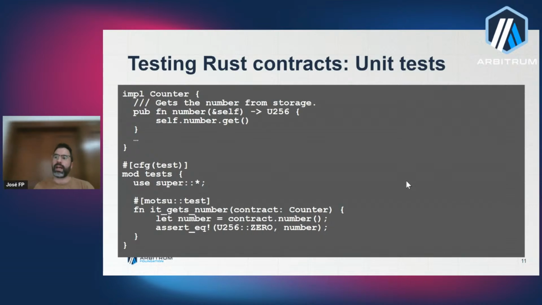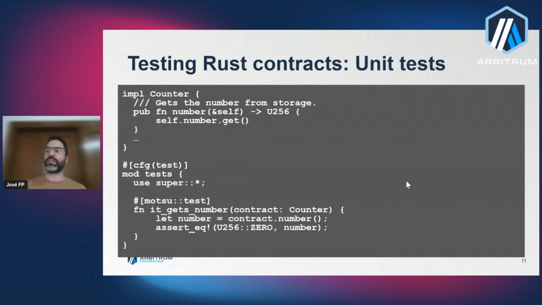So we have here a unit test for the counter contract that we saw yesterday. I have a snippet, a piece of that contract, just the getter, the number function, which just returns whatever is in storage. So the unit test for that function looks very similar to how you would write it in Rust without the SDK.